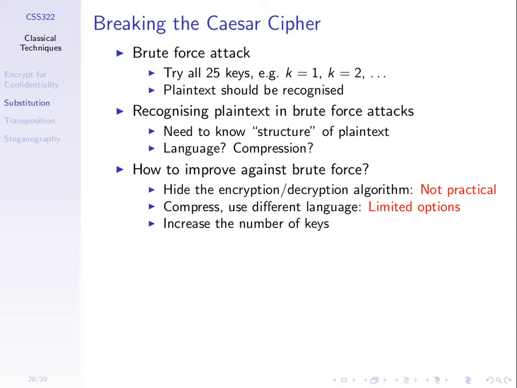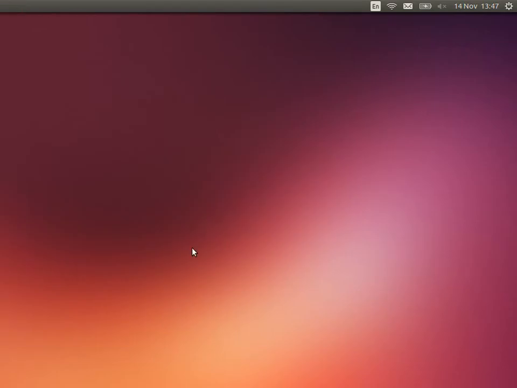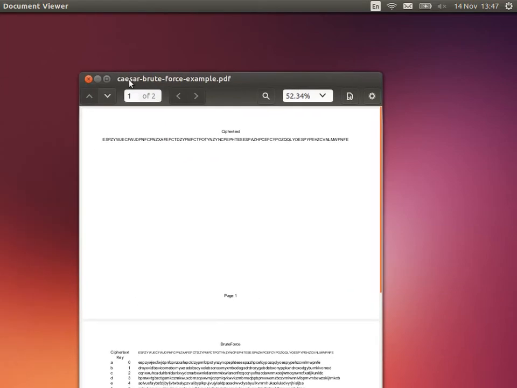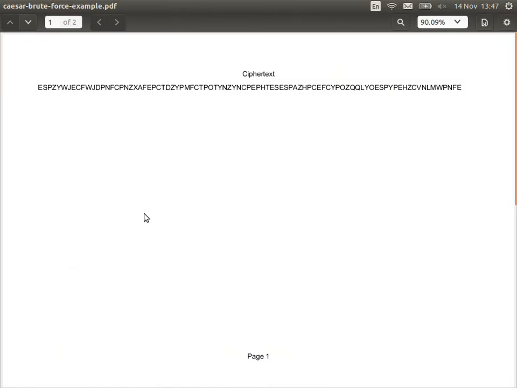Let's show another example of that. Where's the example? Here's a ciphertext taken from some plain text and produced using the Caesar cipher.